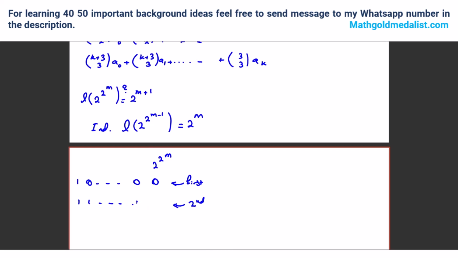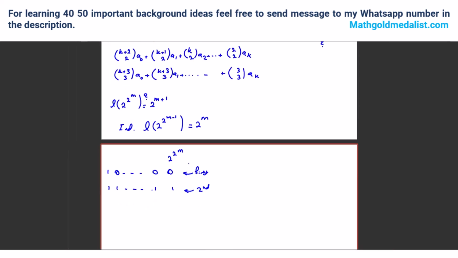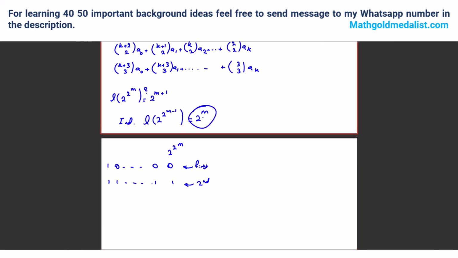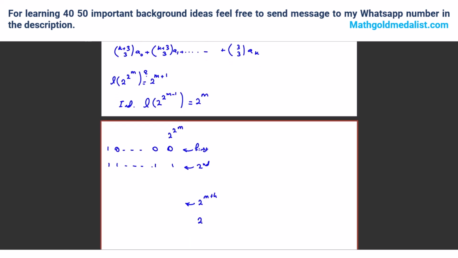So we know for all previous elements, in the 2 to the mth row, the length is this, right? So in 2 to the m plus 1, we should prove why it is 1. We know all other terms will be 0 by induction, right?